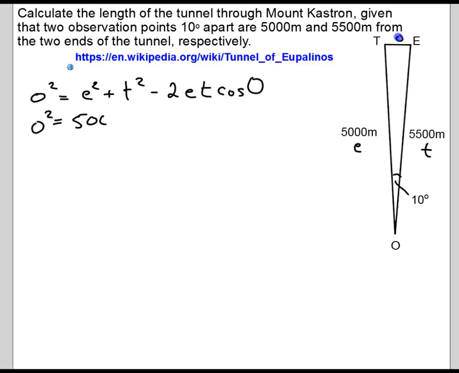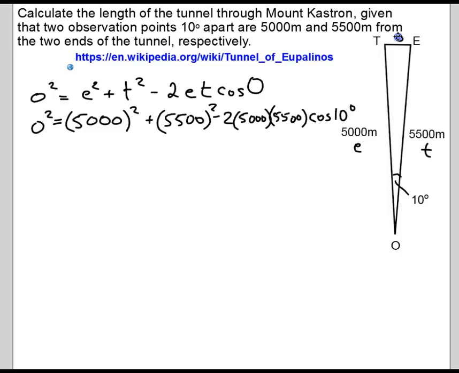Substituting in what we know, we have 5,000 and 5,500 each squared. Then twice the product of 5,000 and 5,500. And finally, the cosine of the known angle, which is 10 degrees. When I'm solving cosine law problems, I always break it down into steps.